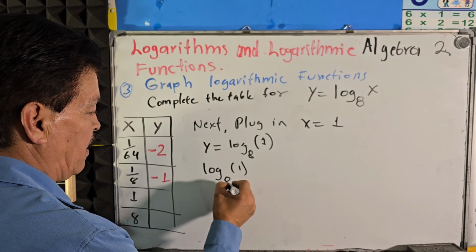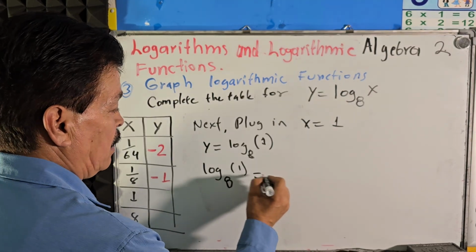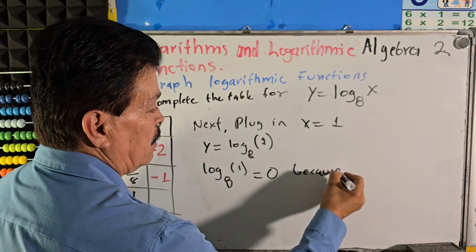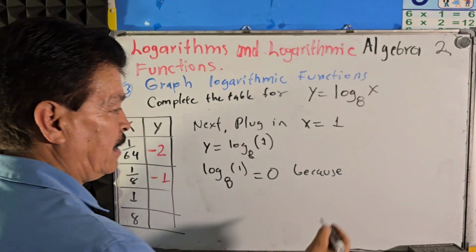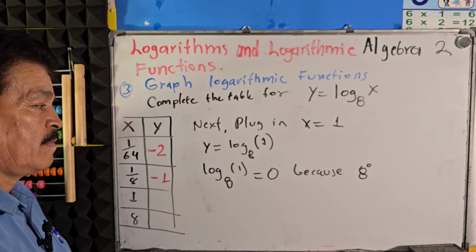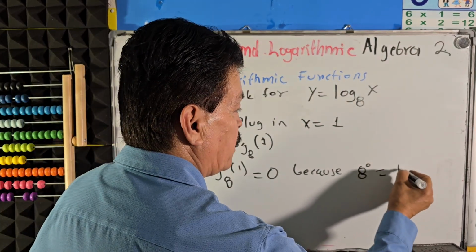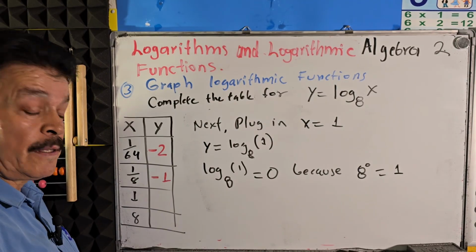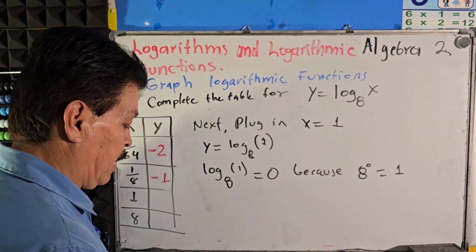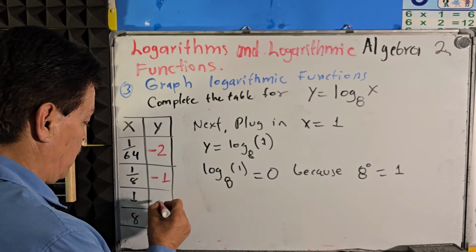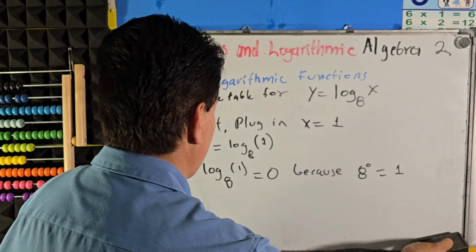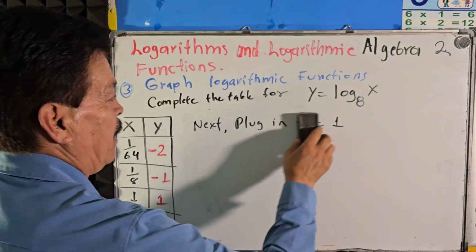Let me simplify this. This equals 0. Why? Because 8 to the 0 power equals 1. All right. So here we have 0. It's number 1 right there. Okay.